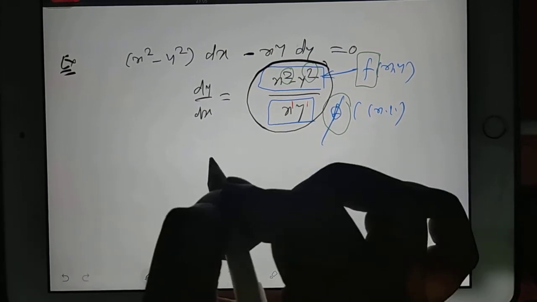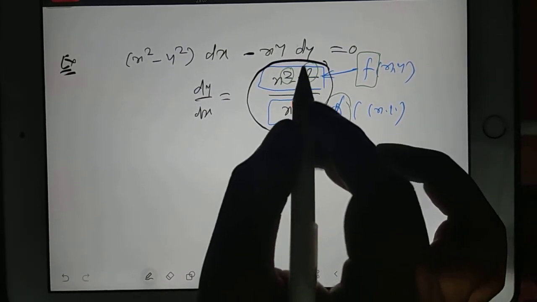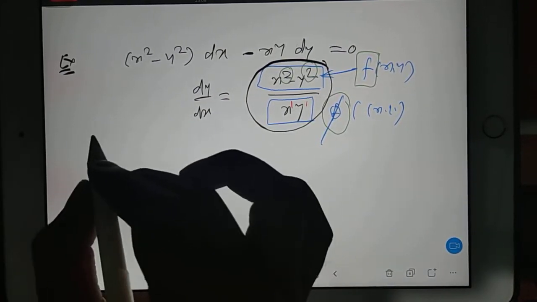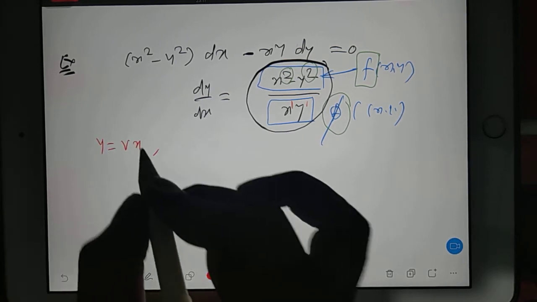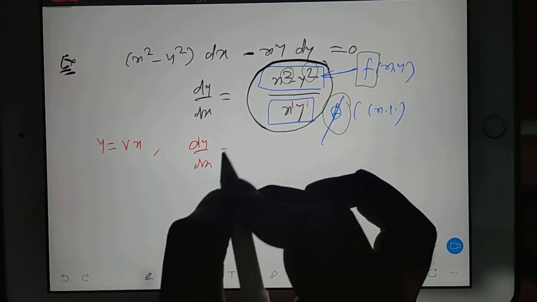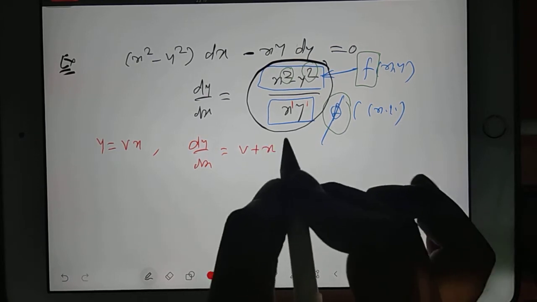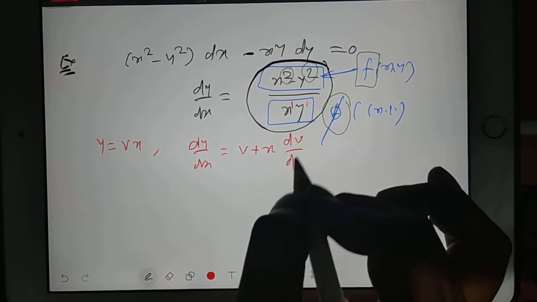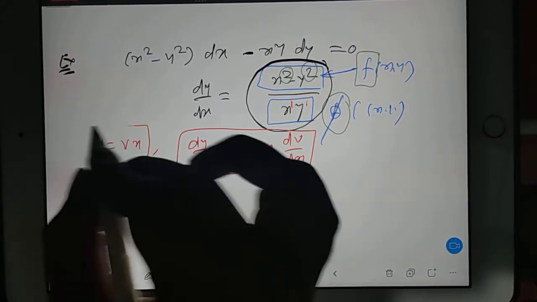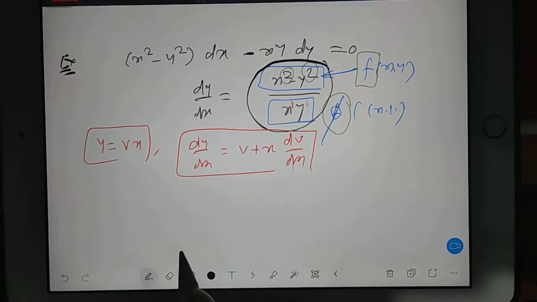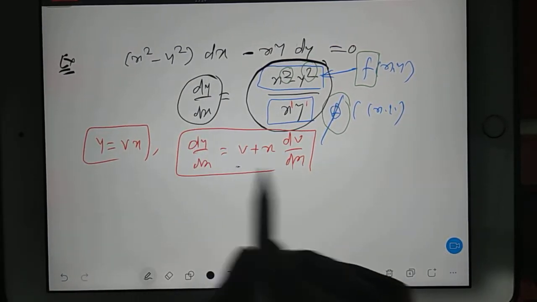Okay, now go ahead. What is your next approach? Keep substituting two changes: y is equal to vx and dy by dx is equal to v plus x dv by dx. These two changes you have to make in the question. Let's make the changes. So here I am going to replace this bigger value.